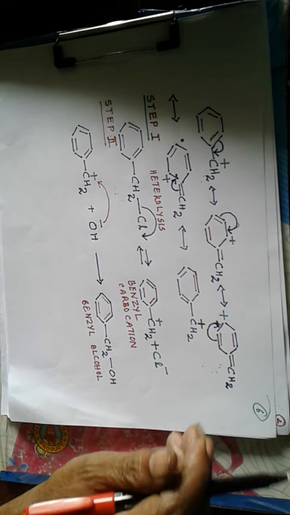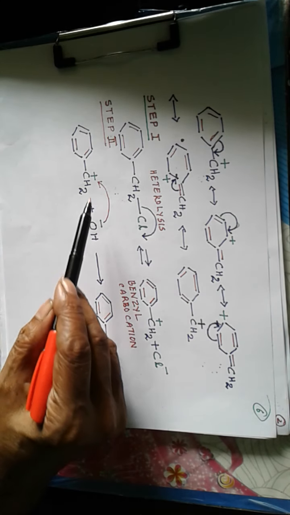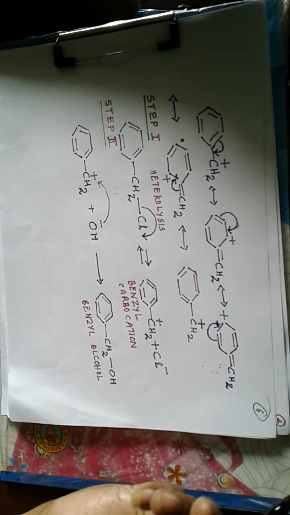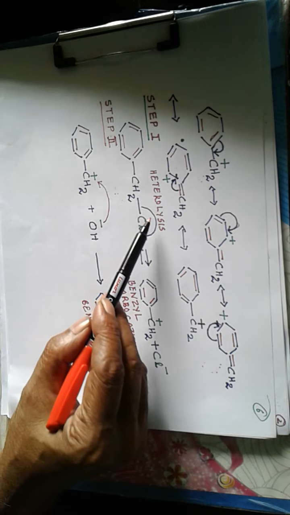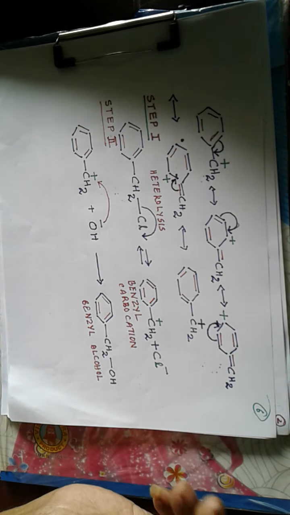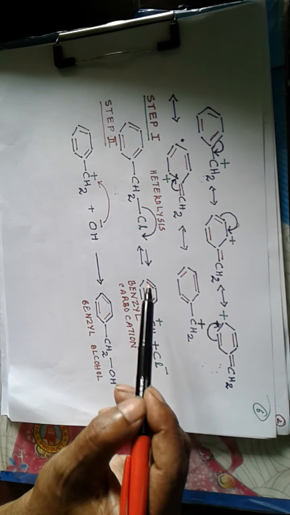So it's a speedy reaction. So here also in step 2, the oppositely charged ions attract together, so that they speedily combine to form the product, that is benzyl alcohol. Whereas in step 1 we have to separate the atoms, and higher energy is needed, and the process is non-spontaneous.